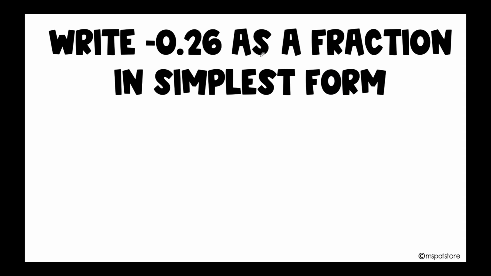So let's write negative 0.26, or negative 26 hundredths, as a fraction in simplest form, okay? My numerator will always be the digits after the decimal point, so it will be negative 26. And as the last digit is standing in the hundredth place, my denominator will be 100.